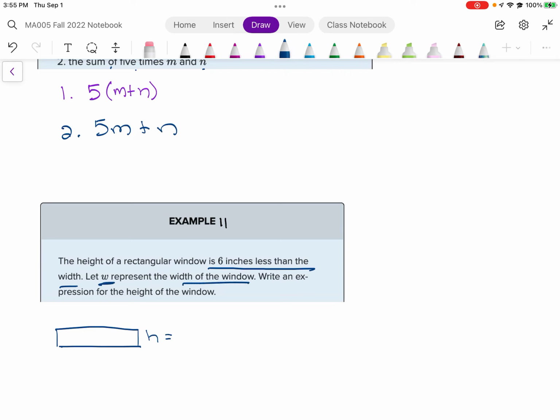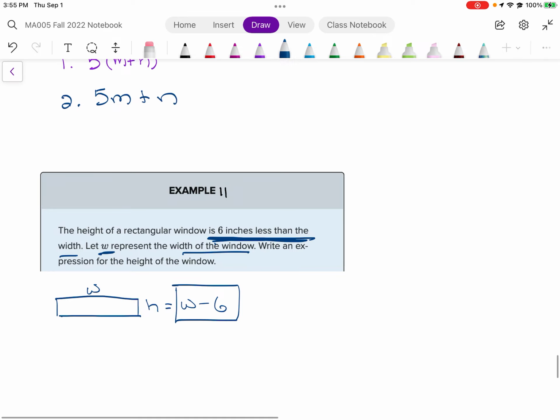So the height is 6 inches less than the width. So that's W minus 6. Because it asks for just an expression, the answer is just W minus 6. If it wanted an equation, you would do the whole thing, H equals W minus 6.